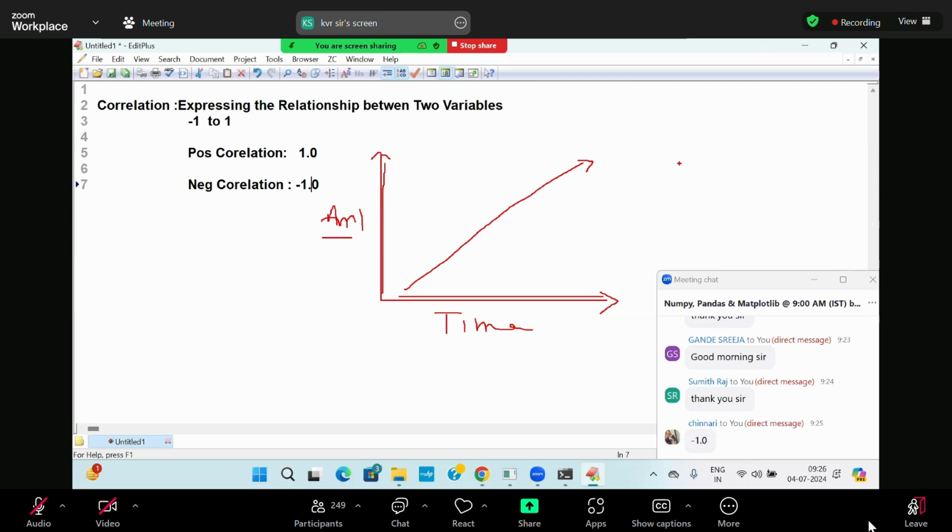Next, this is the subject. You are reading. This is called the reading process. Reading increases, subject knowledge is increasing. What is this correlation called? Positive correlation.